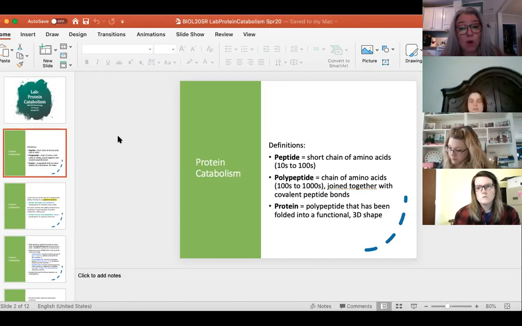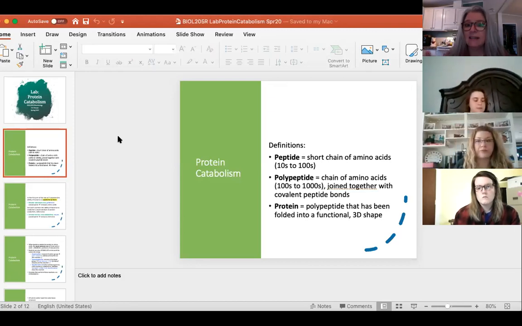The term protein technically means a folded up, functioning polypeptide. So a polypeptide isn't functional until the cell has folded it all up into its three-dimensional form.